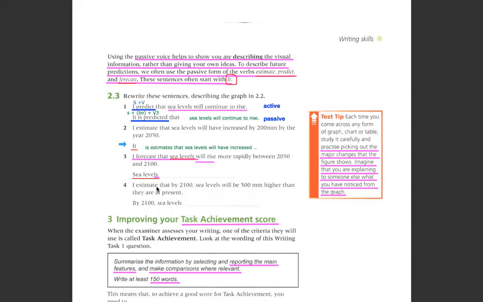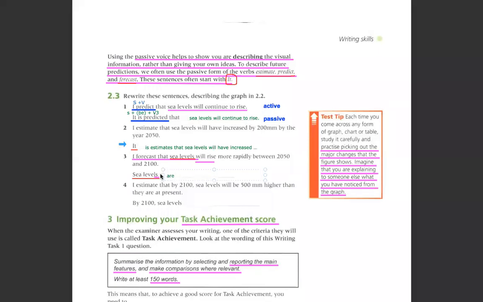So what comes after the word sea levels? Okay, so you can just type in the verb to be and the verb 3 that we use. Remember, sea levels is plural.